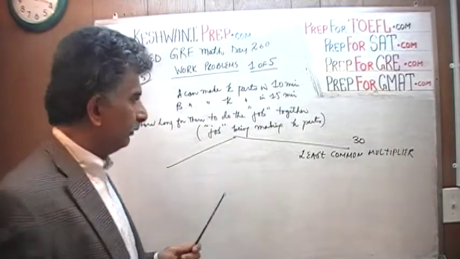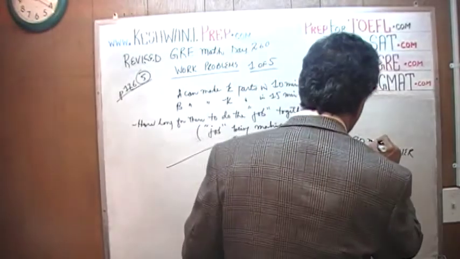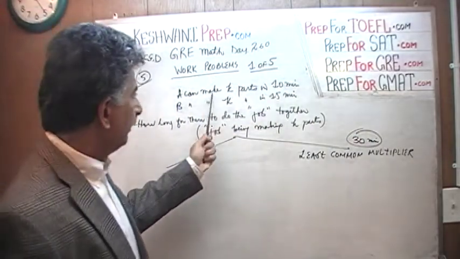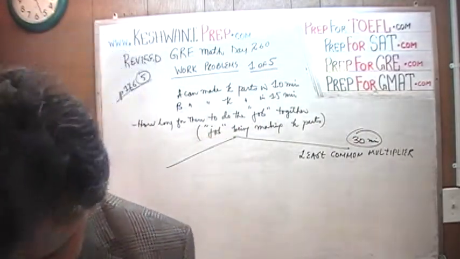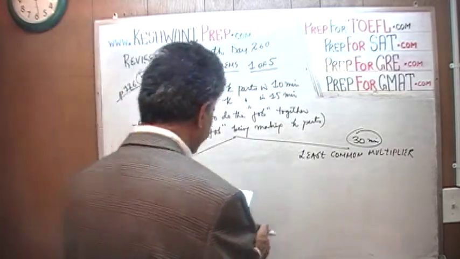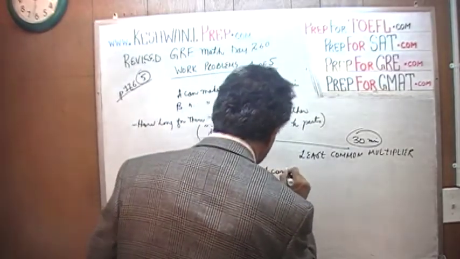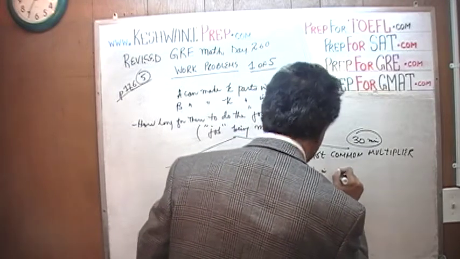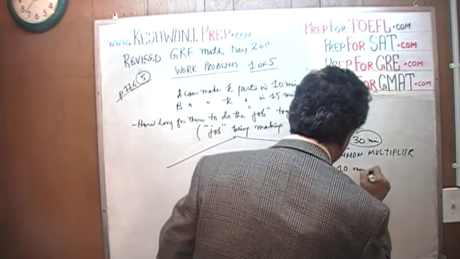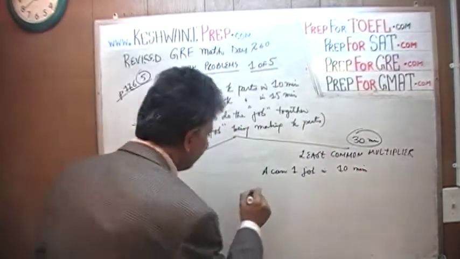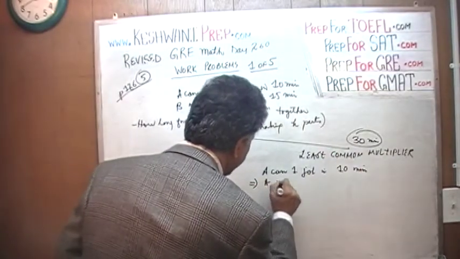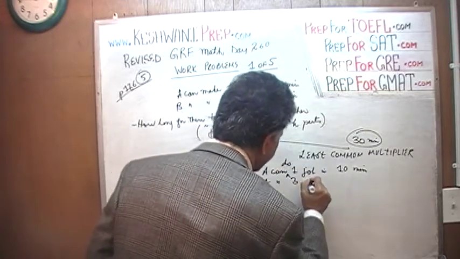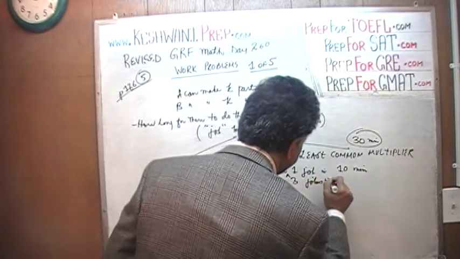So here's how it goes. We're going to pretend that they're going to work for 30 minutes. A, we are told, can do one job in 10 minutes. Well, obviously that implies that A can do 3 jobs in 30 minutes.